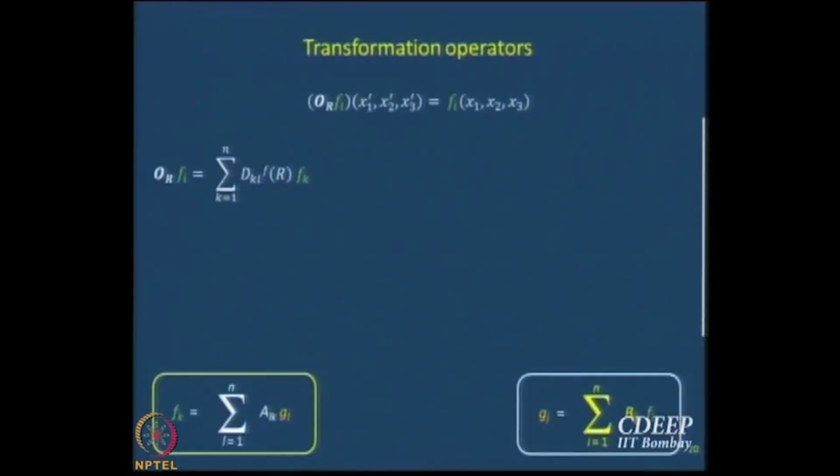It is a transformation matrix corresponding to the symmetry operation R, that d of R has been worked out using the coordinates, and now what we are doing is transformation of bases. That is why we take the transpose. I think this is something that you know. Why have I written F here?